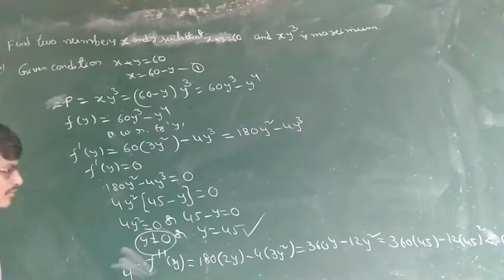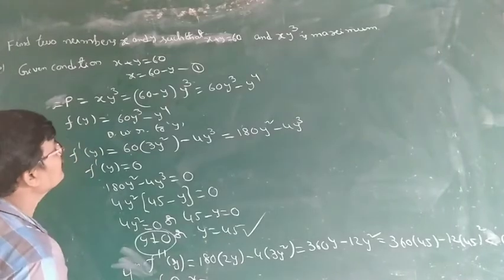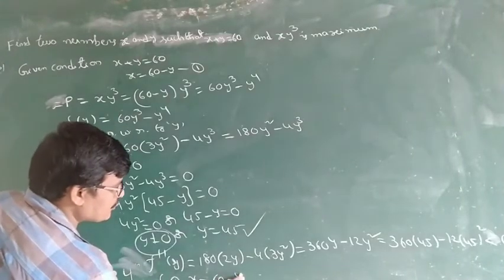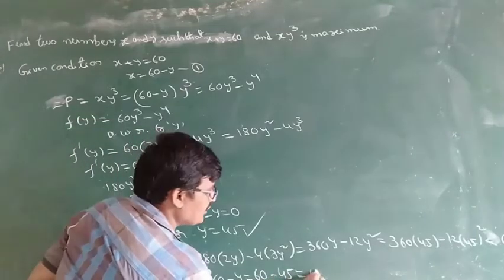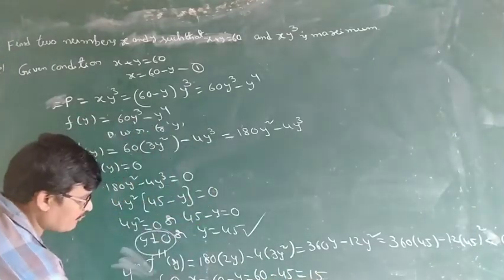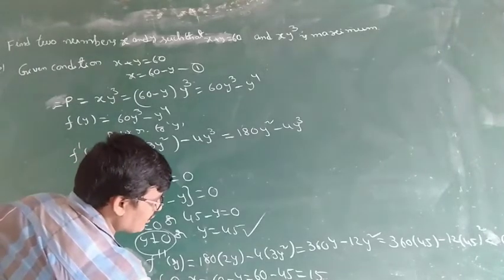So it is the maximum value. Now what is x? x is equal to 60 minus y, so 60 minus 45 is equal to 15. Therefore finally x is equal to 15, y is equal to 45.